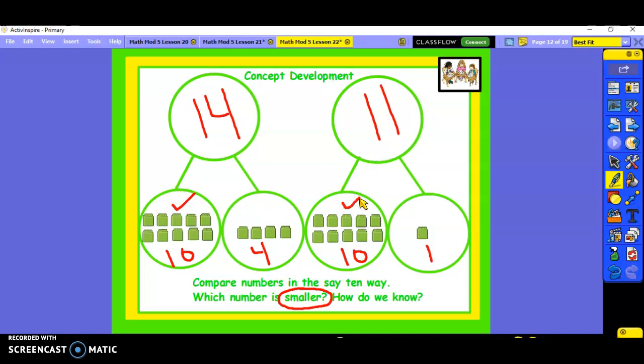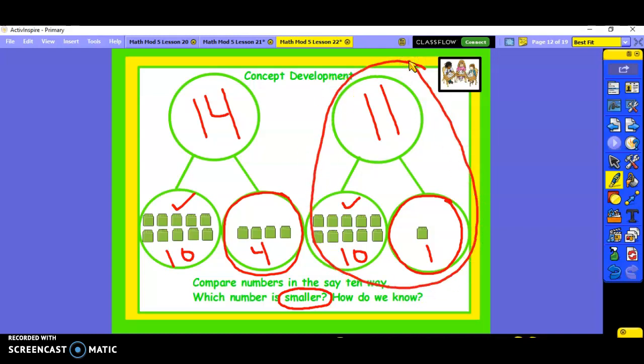But look at your ones. 14 has 4 ones, 11 has only 1 one. So which one has a smaller or fewer amount of ones? That's right, 11. So we can say 11 is smaller than 14. We could also say 11 is fewer than 14.